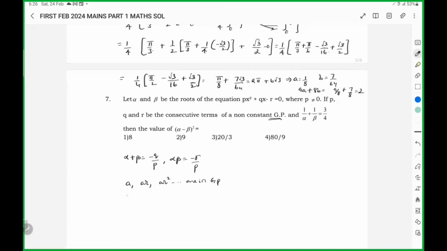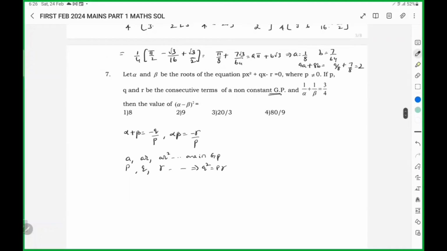From here I can write Q square as PR. And alpha plus beta is... And another relation what is given for us is 1 by alpha plus 1 by beta.